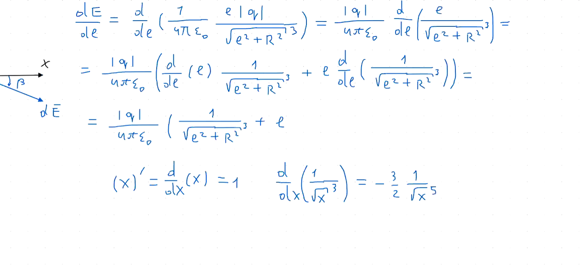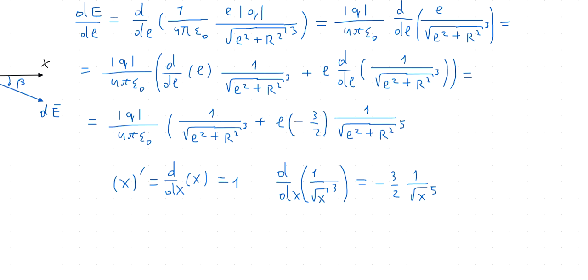We have from here minus, multiplied by this square root, but the exponent will be 5.